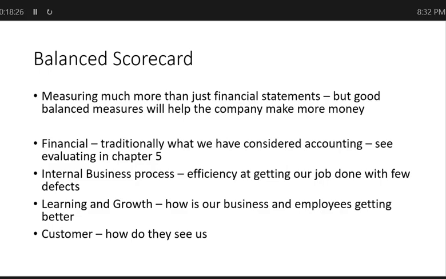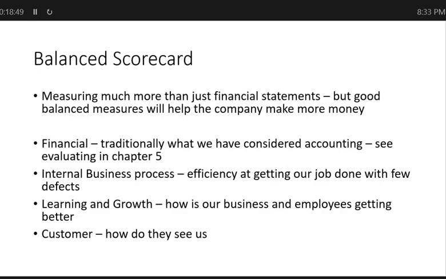So we measure more than just finances. We give rewards, we have goals, we have measures to measure the success in areas outside of the finance, to keep our company good and balanced, so that we're looking at all aspects of our business.